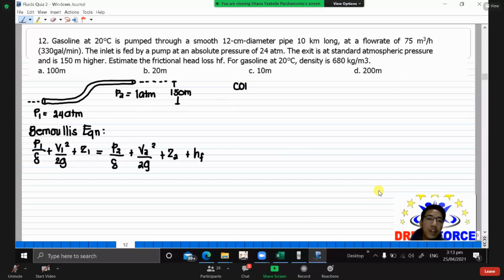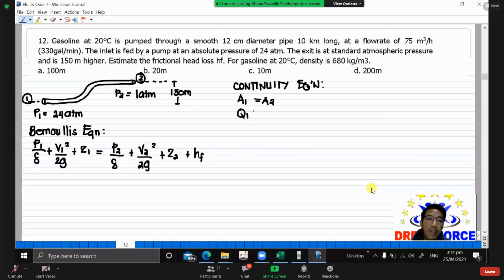Okay. So take note, meron pa tayong isang formula that is your continuity equation. Maalala yung sinabi ko kanina na iisang pipe lang naman sila. Therefore, yung area mo dito para sa area dito. Therefore, yung area 1, meron tayong 0.1 dito at saka 0.2. Okay, area 1 is equal to area 2.